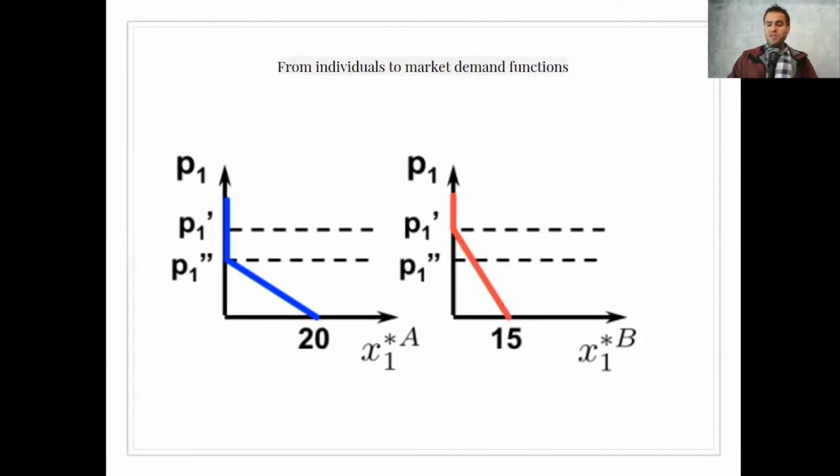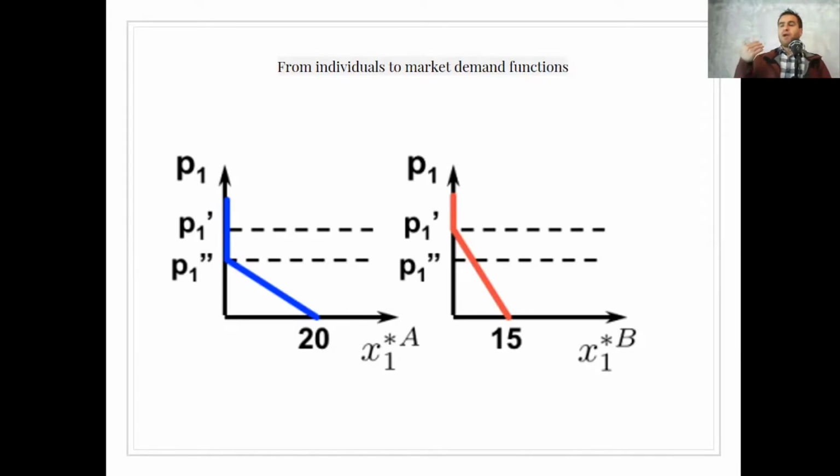To this person, the idea is that if the price of this good one is zero, this person would buy 20 units. And as the price increases, the number of units person A buys becomes smaller because of the law of demand. Up to a point, the maximum price this person is willing to pay is P1 double prime.